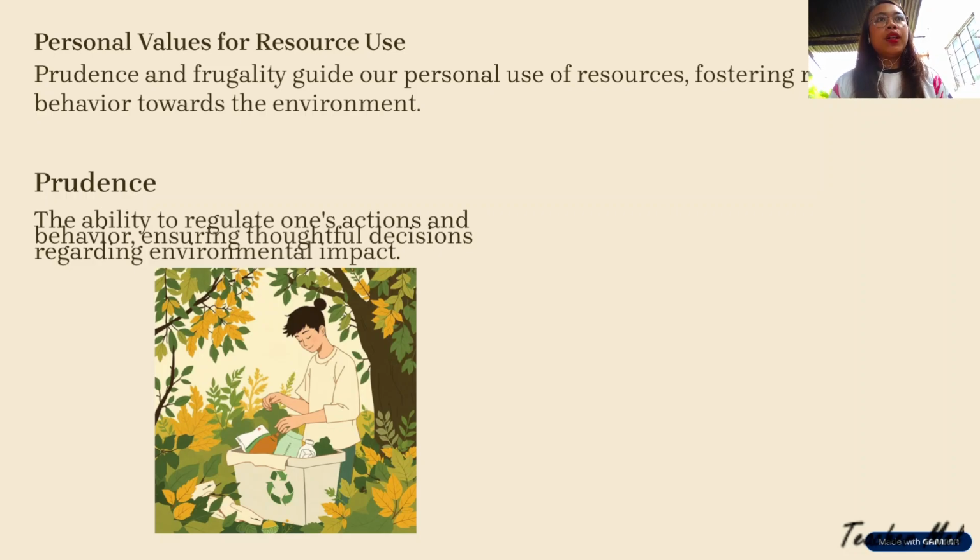So for example, ito, based sa ating example na picture, no? Yung mga basura, even just small pieces of trash, dapat natin siyang pulutin at itapon sa tamang lalagyan. Kasi kung hindi natin yan siya pupulutin, no? Or hindi natin maayos na tinatapon yung mga basura natin, anong mangyayari?